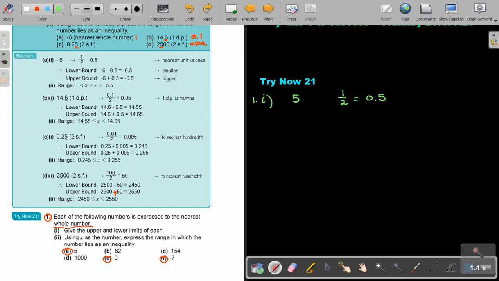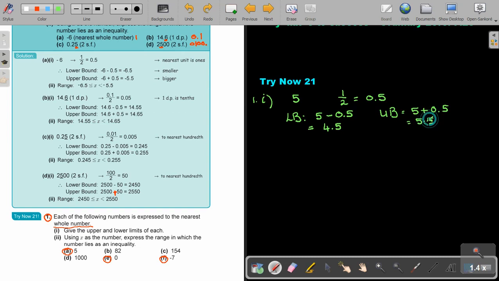For my lower bound, it's just going to be 5 minus 0.5, which is 4.5. And for my upper bound, it's just going to be 5 plus 0.5, and that's going to be 5.5.